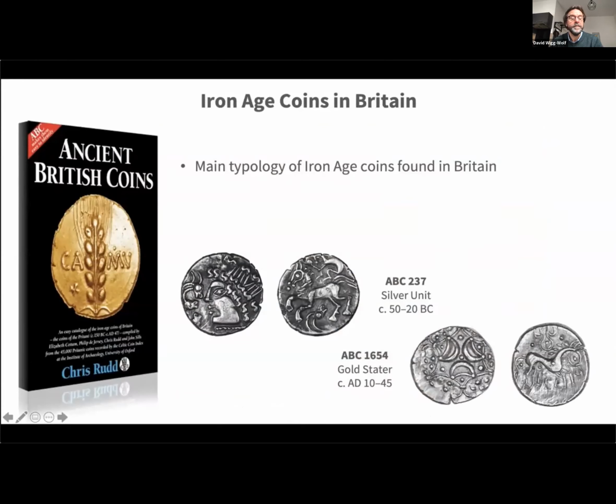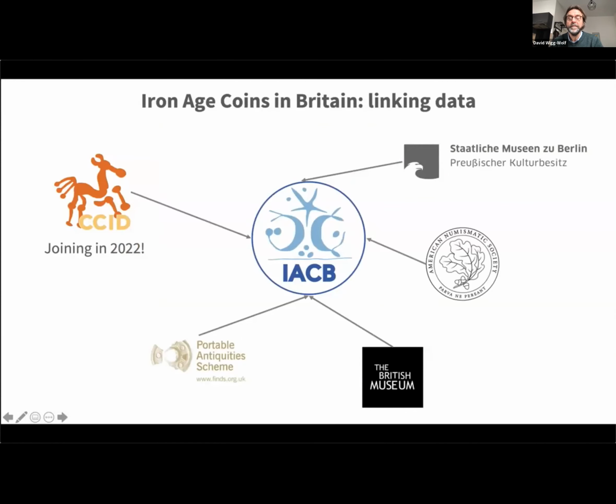At that time, it included 999 types. The IACB was created using the Newmar open source platform created by Ethan Gruber, and since its launch in March of this year, is now connected to other major collections such as those you see on this slide. So how does the site actually work?